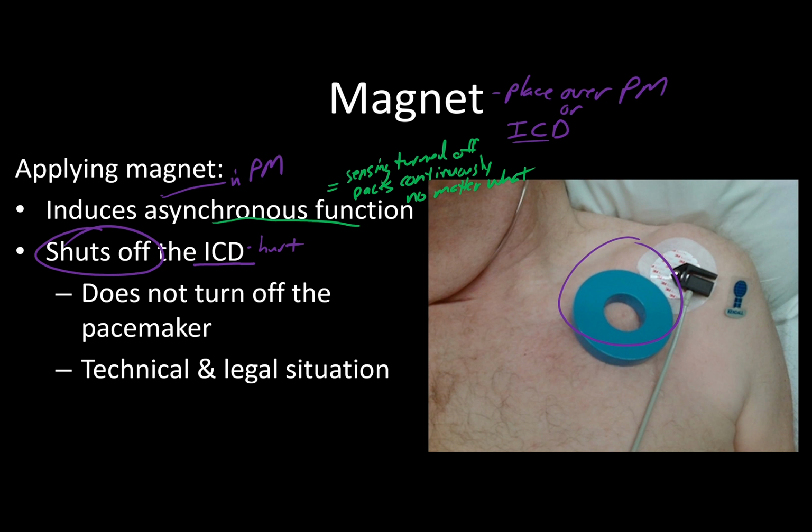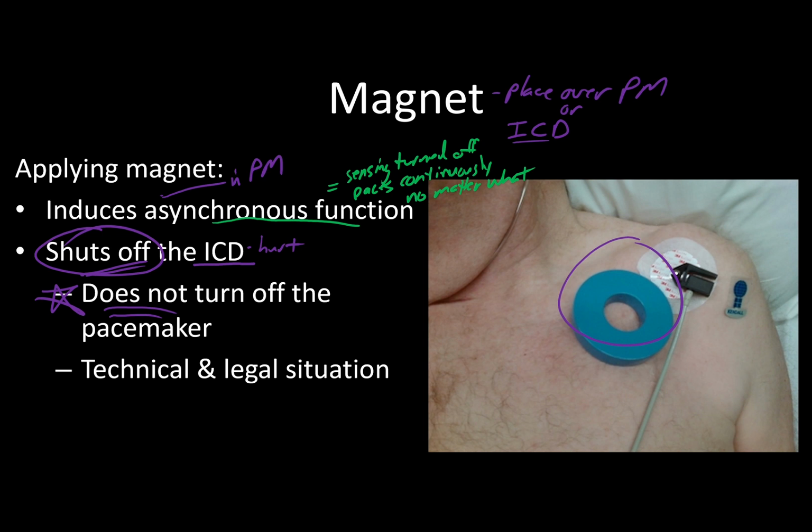So now we put these two together. If the patient has a pacemaker and an ICD, the magnet will turn off the ICD but does not shut off the pacemaker. It absolutely doesn't. And I bring this up because I've encountered this scenario before where a patient goes comfort cares. We place the magnet on there to shut off the shocking, the defibrillation feature.